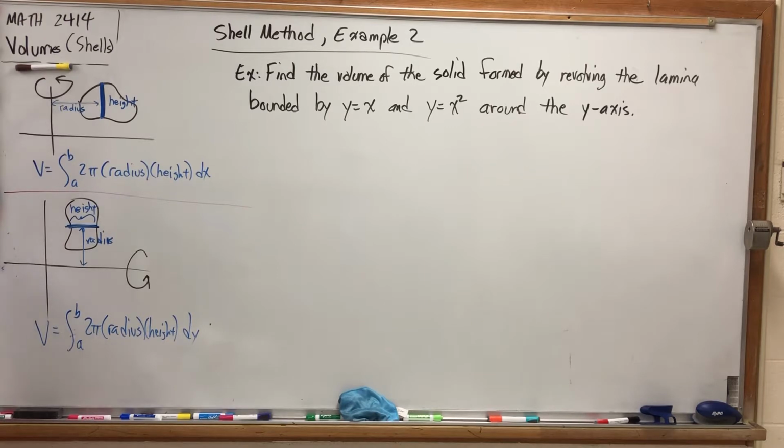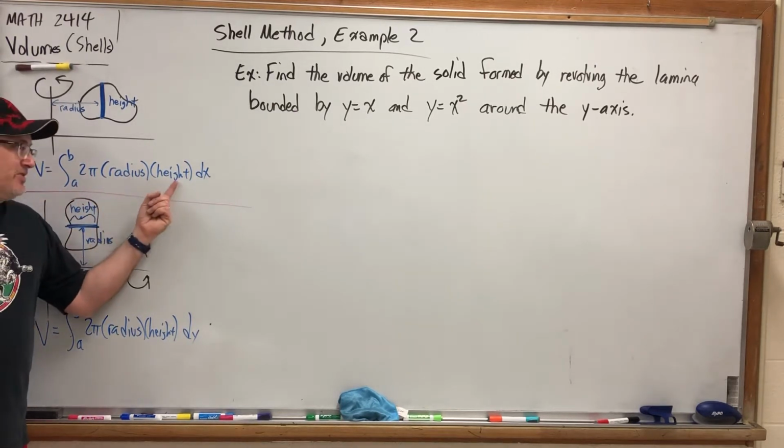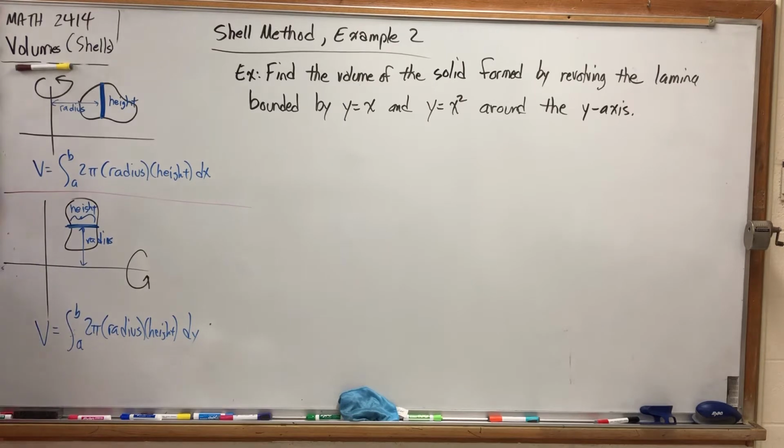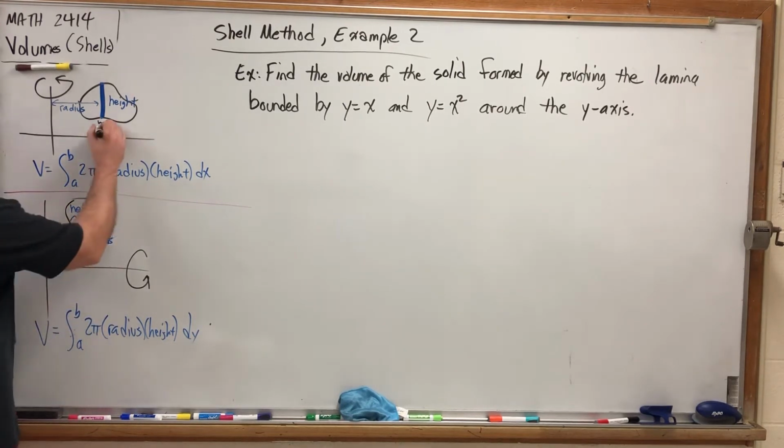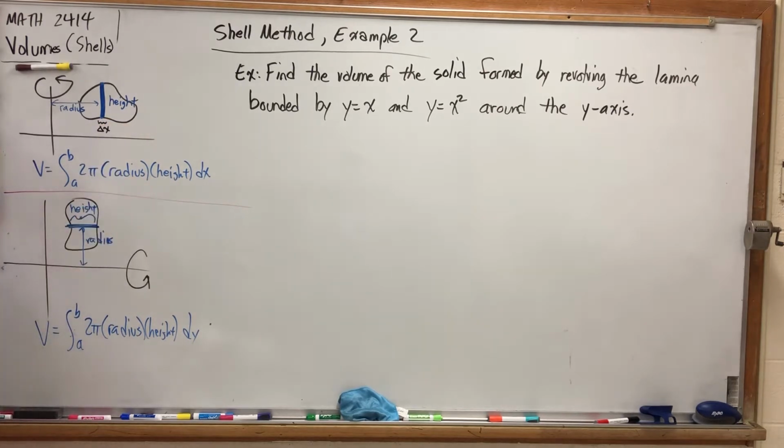And if we can represent those in terms of x, then the volume is the integral over the correct range of values of 2 pi times the radius times the height dx. And this would be a dx integral because the skinny side of that cut would be a delta x.